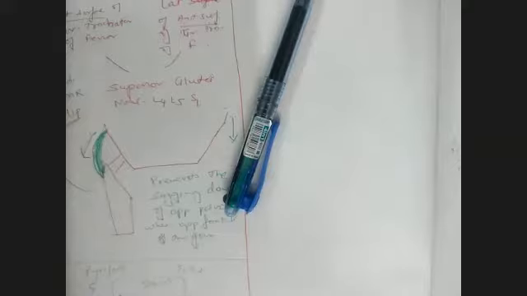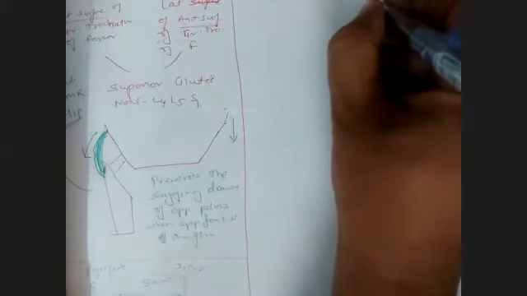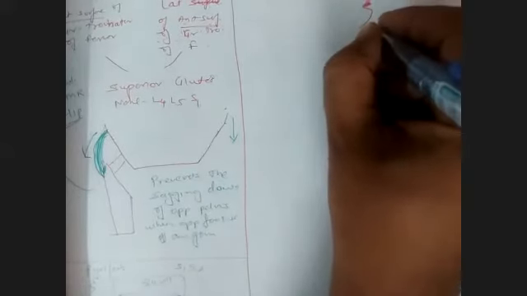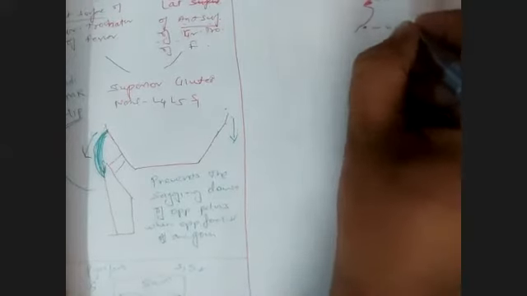There is the greater sciatic notch, then the ischial spine, and then the lesser sciatic notch. On the upper part of the lesser sciatic notch is gemellus superior, and on the lower part is gemellus inferior.